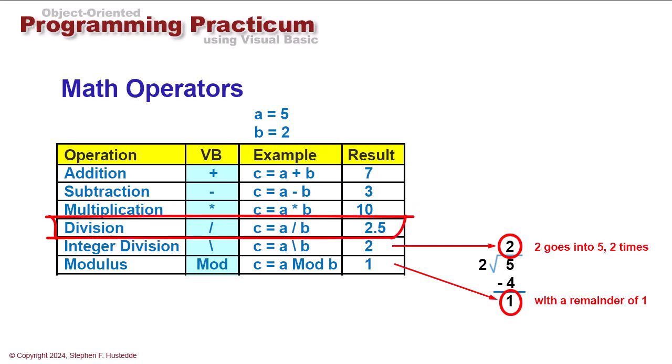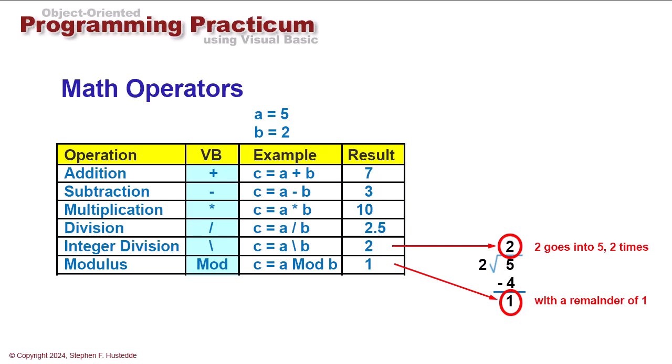Now here's where the integer division comes in. When we learned division, we learned that a number goes into another number a certain number of times. So if we take 5 and divide that by 2, 2 goes into 5 twice, or 2 times. That is the integer division result. Now 2 times 2 is 4. We subtract 4 from 5, and the remainder that is left in that division is 1.